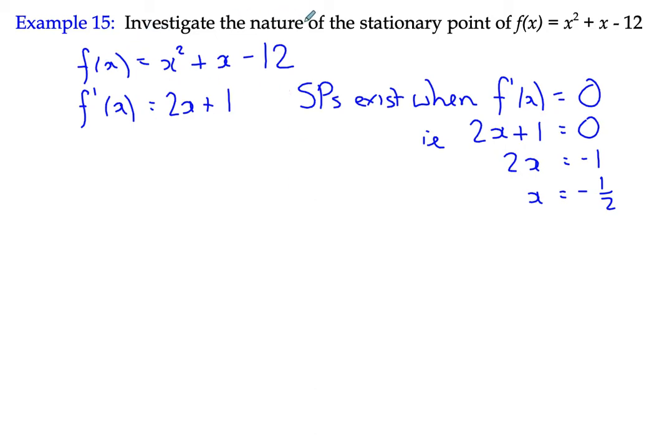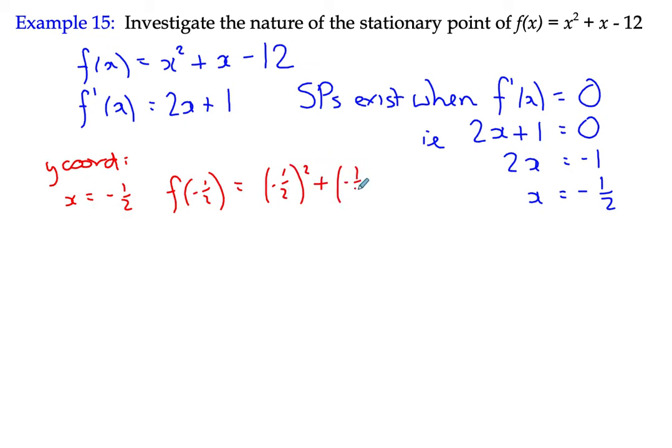It says to investigate the nature of the point. It doesn't actually say to find the point, but I'm just going to go ahead and do it anyway. What's the y coordinate? Well, if x equals negative a half, then we're looking for f of negative a half, which is negative a half squared plus negative a half minus 12.